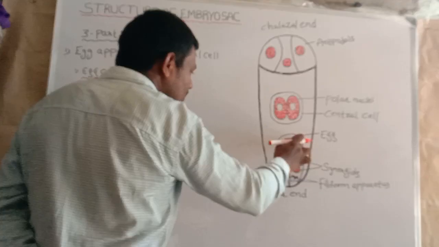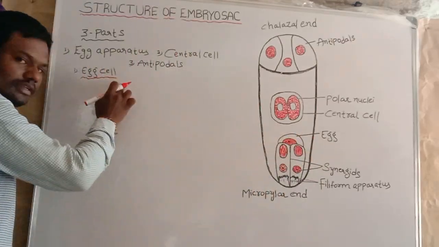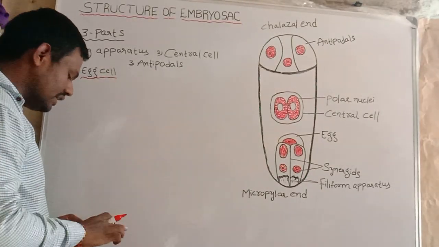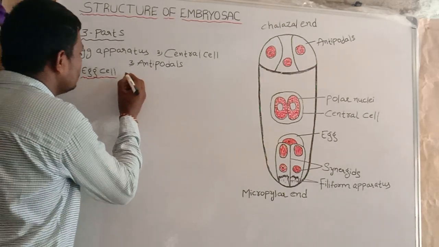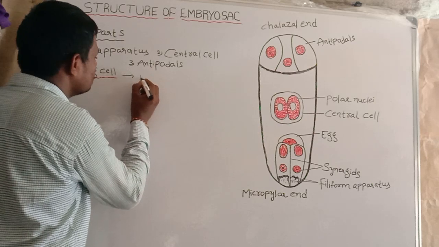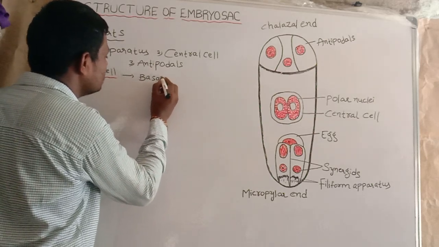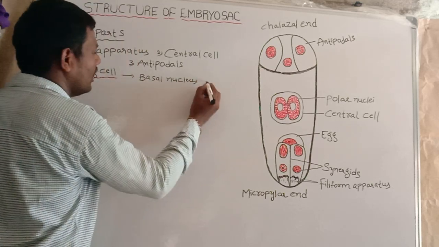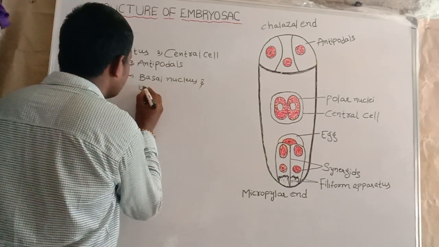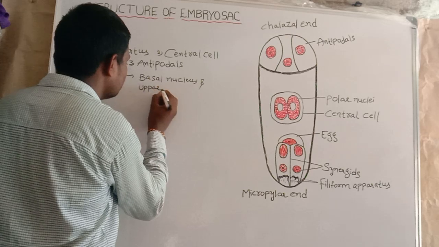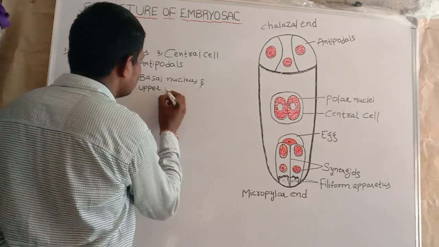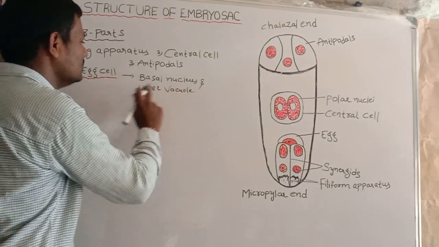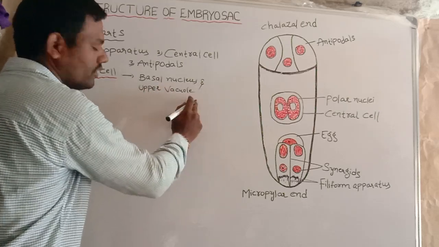The egg cell is identified by its basal nucleus and upper vacuole.